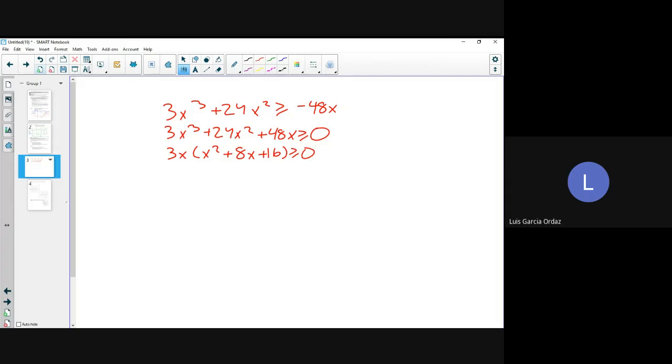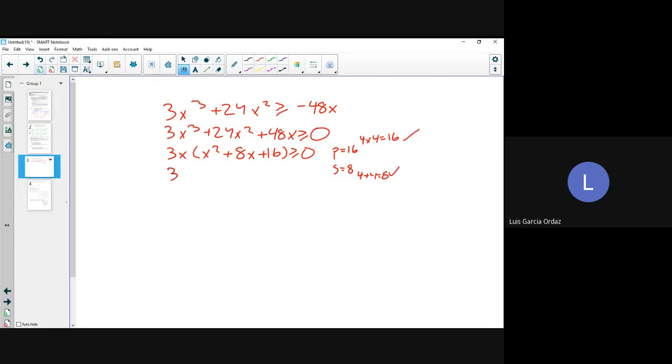So how can we factor that out? We're going to do sum and product. Our product is 16, and our sum is 8. What two numbers multiply to 16 and add up to 8? 4 and 4. So 4 times 4 is equal to 16, and 4 plus 4 is equal to 8, which is what we want.